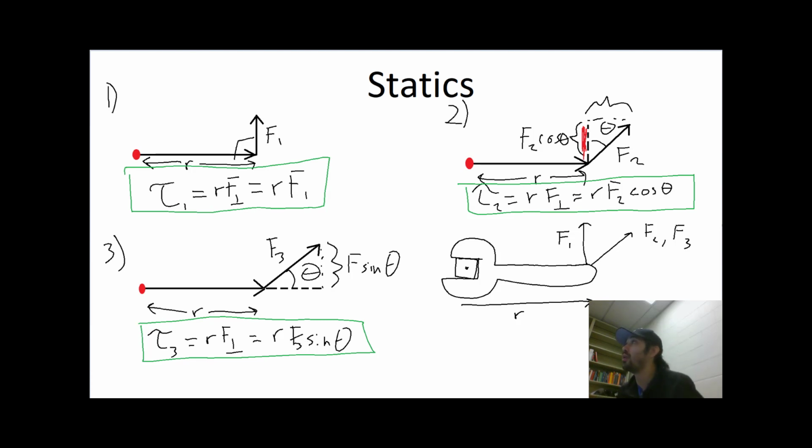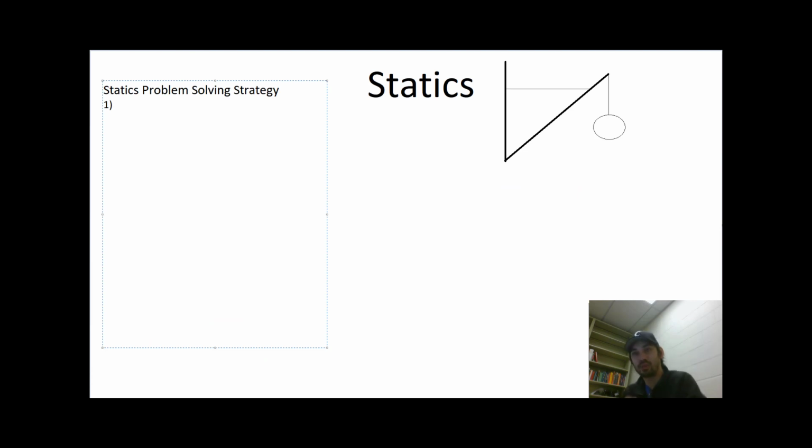Okay? So the next part we're going to talk about is the problem-solving strategy that we can apply here, and I'm going to do an example of a problem that we can do with torque. So let's talk about our problem-solving strategy for statics. The first thing that we want to do is to draw a free body diagram for the object that is rotating.